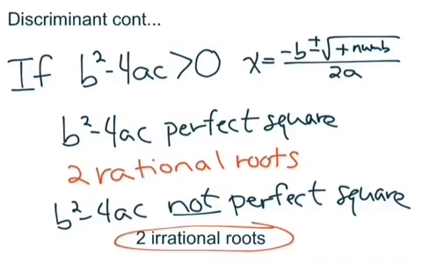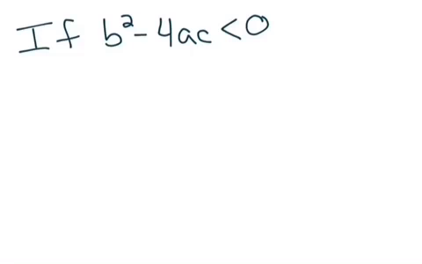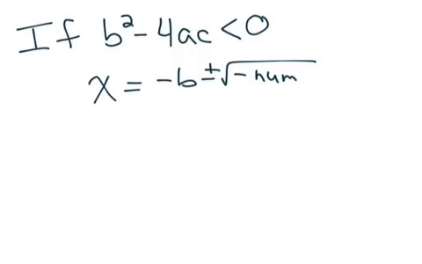And just to reiterate, because it's the plus or minus, that's where we get the 2 roots. And finally, let's see what happens if the discriminant b squared minus 4ac is less than 0. For our quadratic formula, that would look like this, plus or minus a negative number. And we can't do the square root of a negative number, right?